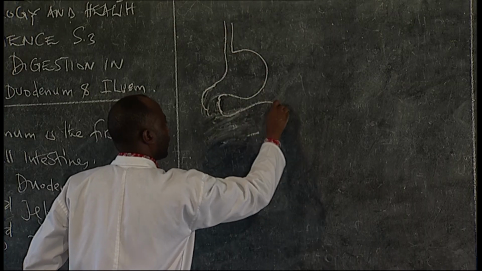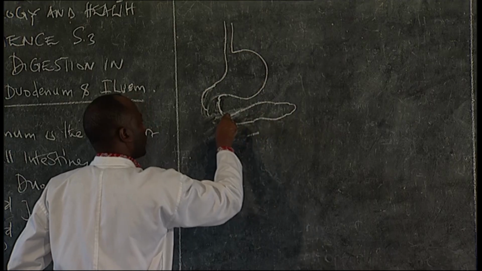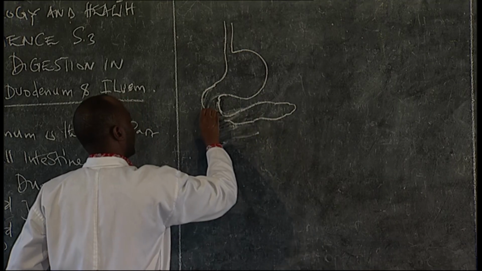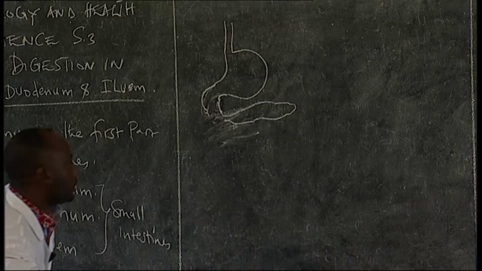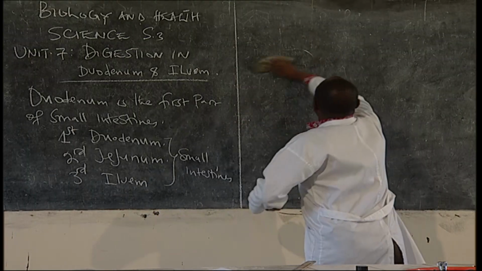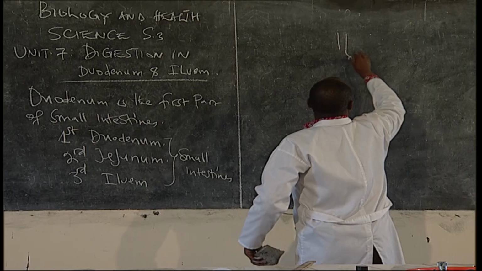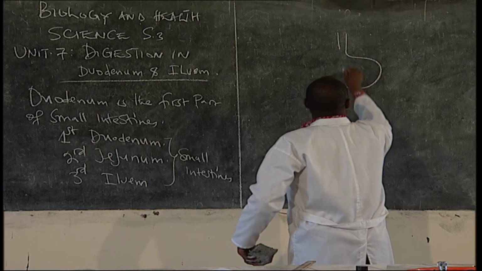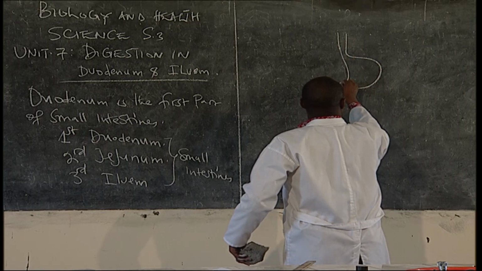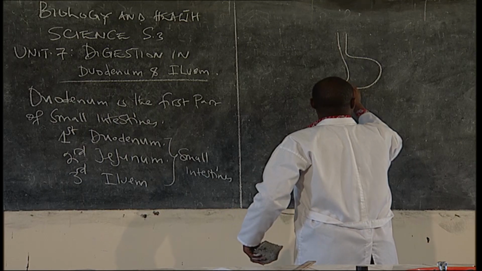This is the part which is the accessory organ. Let me try to draw it very clearly. We have the diagram drawn like that. This is the stomach, and from there we have the first part, which is the duodenum.